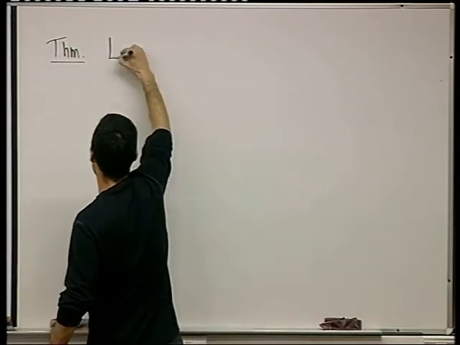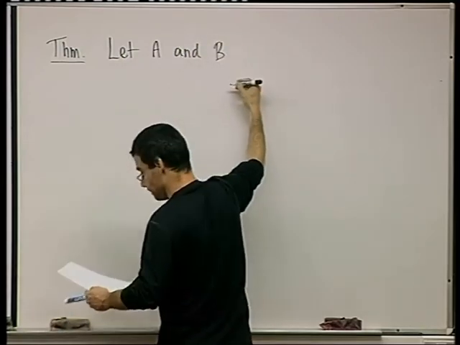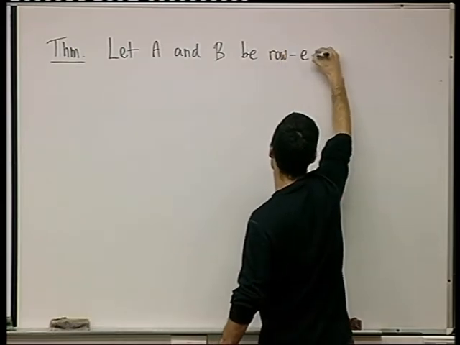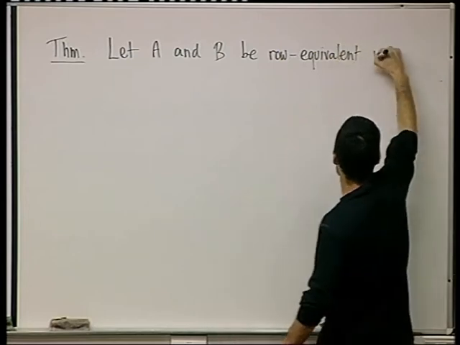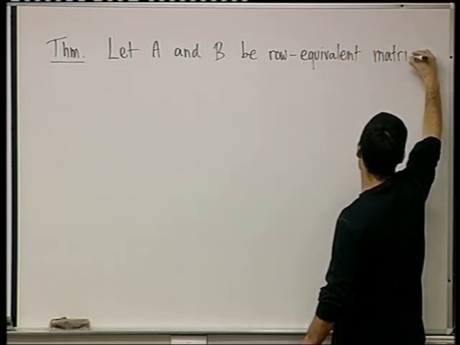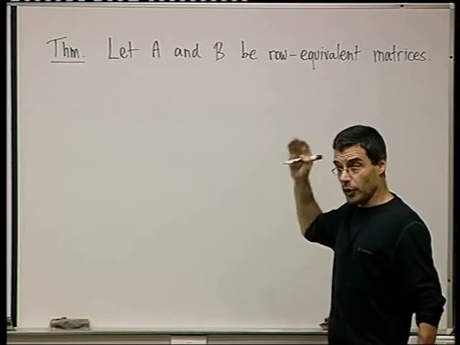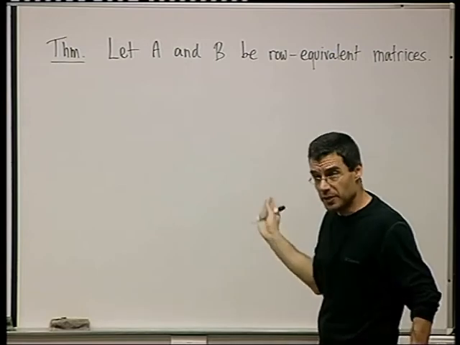So let A and B be row equivalent matrices. Meaning we can start with A, do row operations, and reach B. Or vice versa.